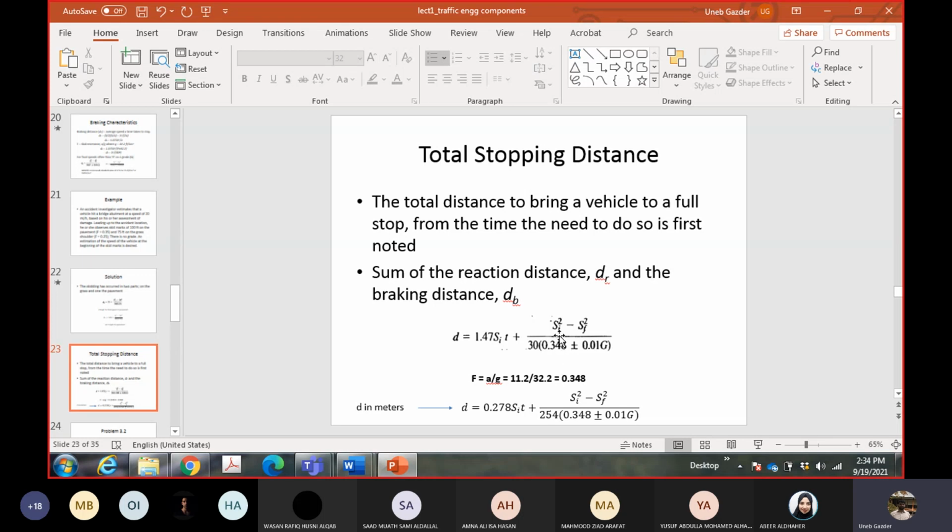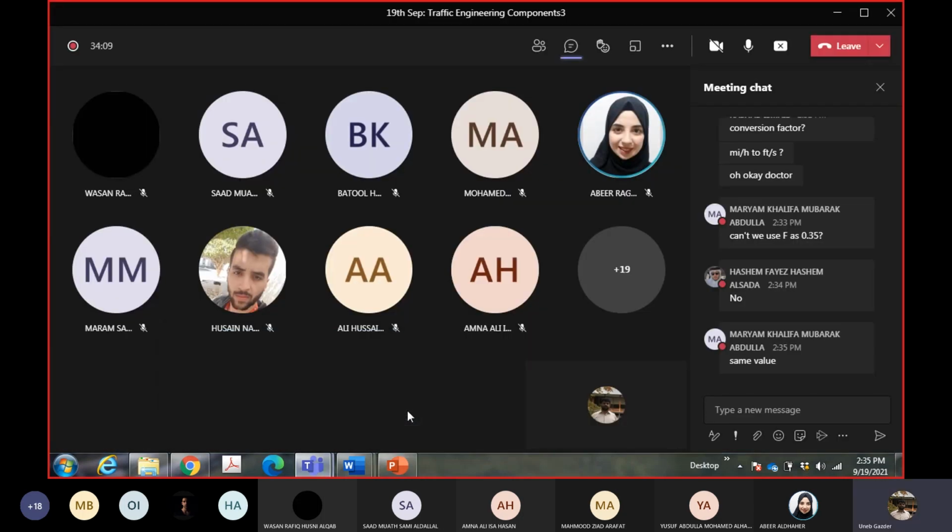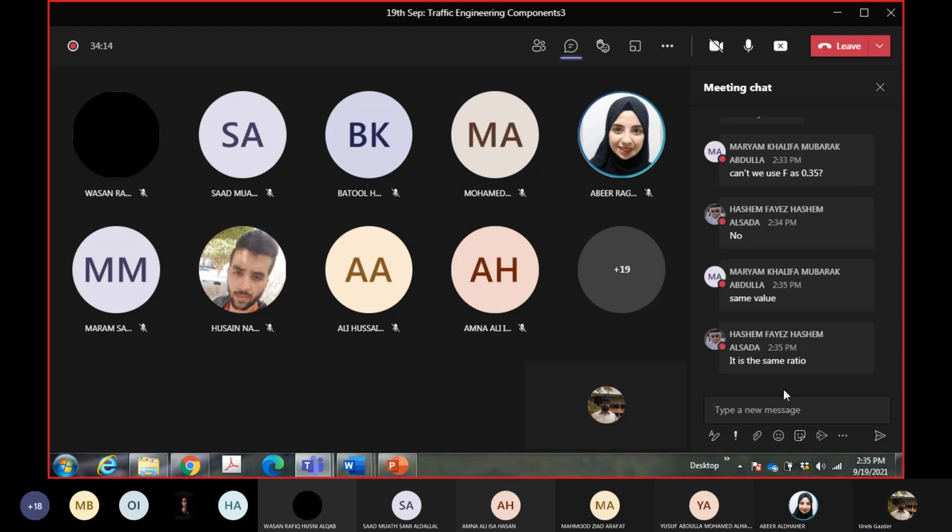One question here: it is 0.348 when the equation is in feet, and 0.348 when the equation is in meters as well. Why? Is this a mistake? Should it be changed? It is the same because it's a ratio.